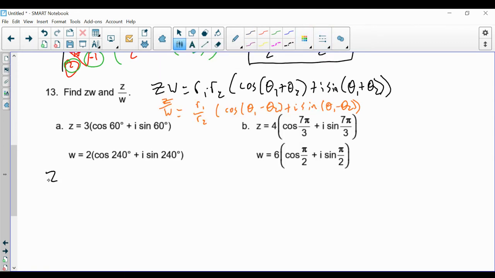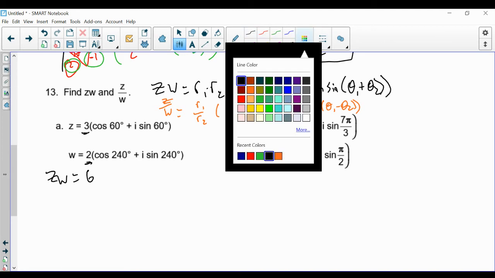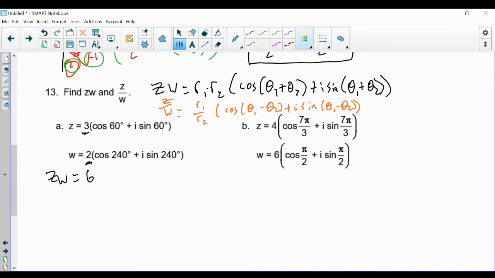zw means I take these r's and multiply them together, so 3 times 2 is 6. I'll leave it in polar form, cosine of, and now I'm adding the two angles.